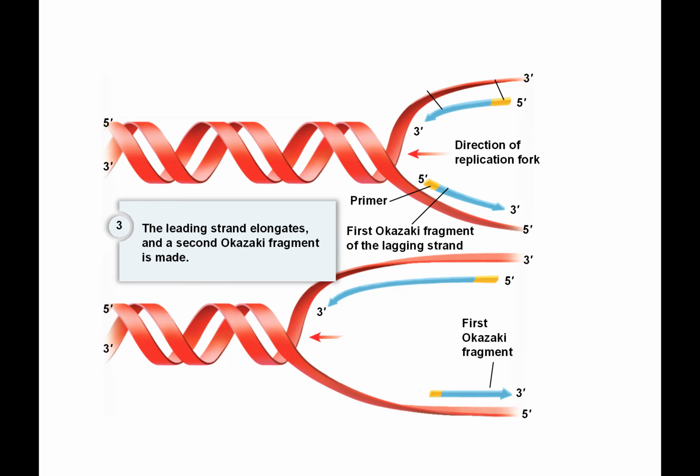So if we opened up, so here's our image from before. If we open up that replication fork a little bit further, right, so helicase is working, it's unwinding. Here's helicase. The leading strand can keep on copying, right? 5' to 3', it just keeps going and going. But the lagging strand must start over.